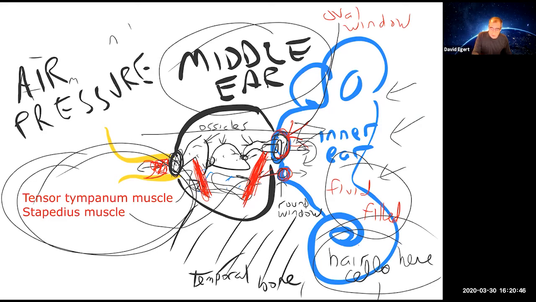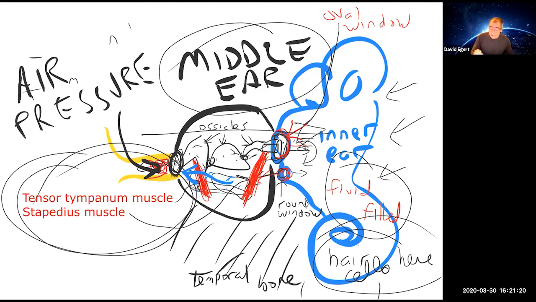That's pushing in on the eardrum, you want to make sure that the pressure on the other side of the eardrum is balanced, or else your eardrum's going to explode or implode. So we need to balance the air pressure on either side of the eardrum. If you don't, minimally the eardrum gets kind of stretched and is not going to work so well, but it gets more and more painful, and then it literally can burst.